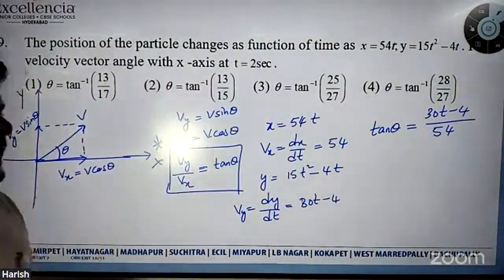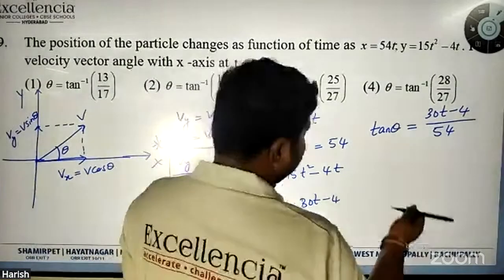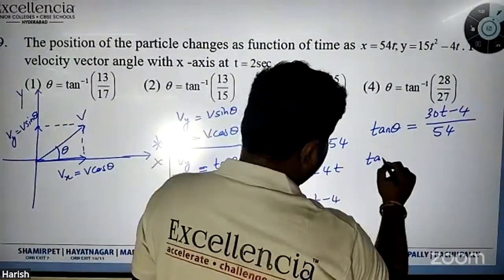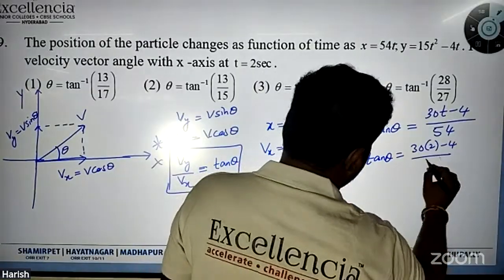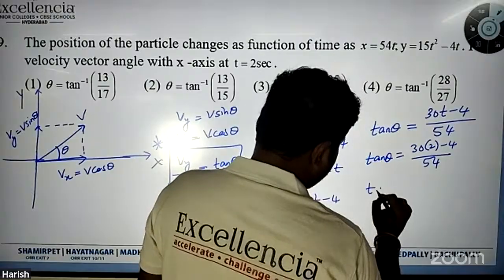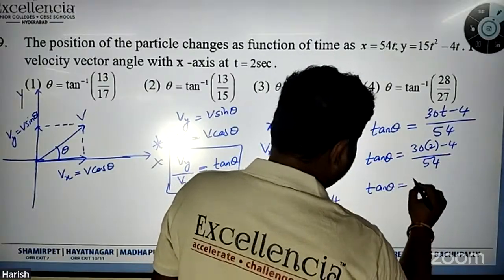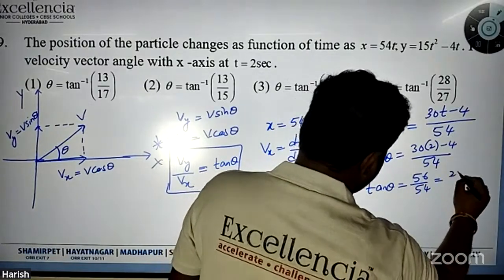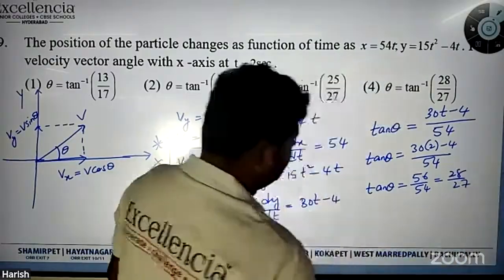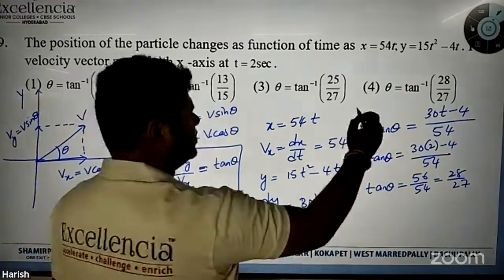They're asking for the angle at t equal to 2 seconds. Substituting t equal to 2 seconds, tan theta will be 30 into 2 minus 4, divided by 5. So tan theta is equal to 56 by 5, and theta is equal to tan inverse of that.